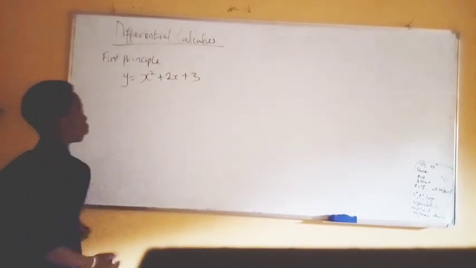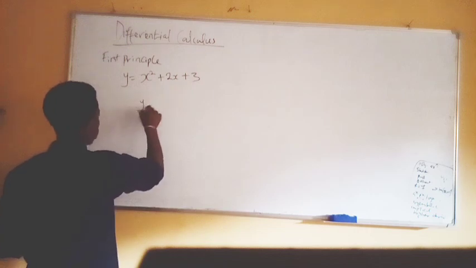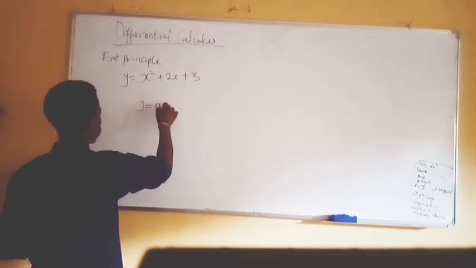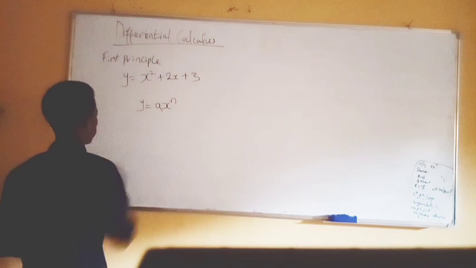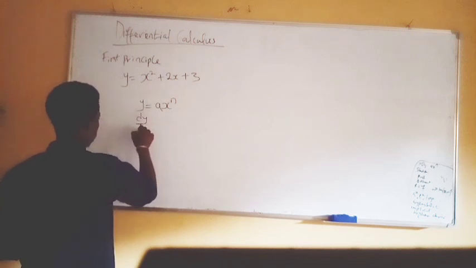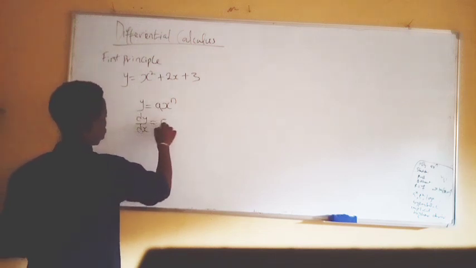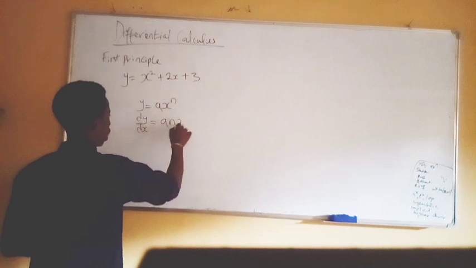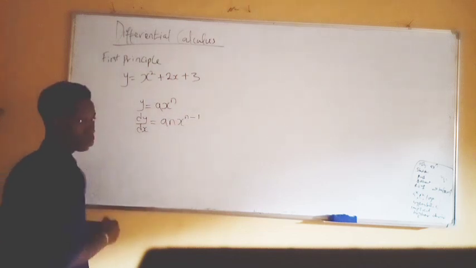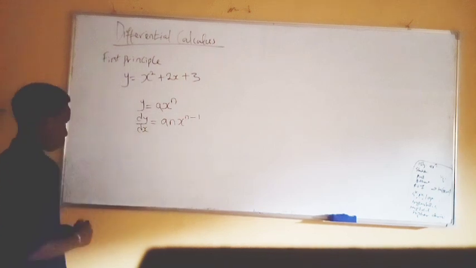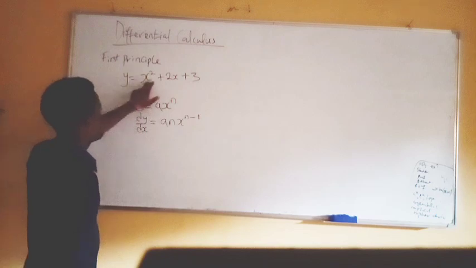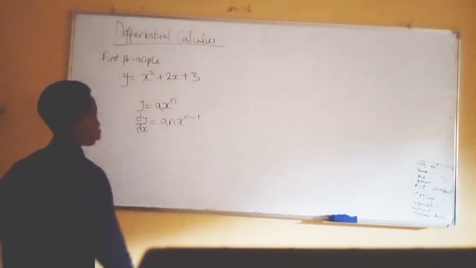As we said before, if y is equal to a x to the power of n, our dy/dx becomes a n x raised to the power n minus 1. So we'll use this to solve for each of the terms of this polynomial.